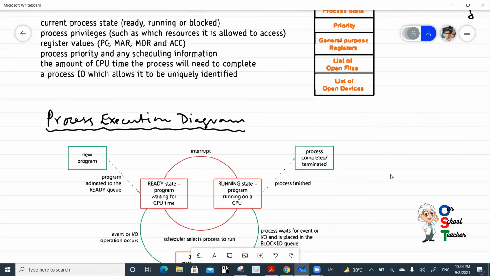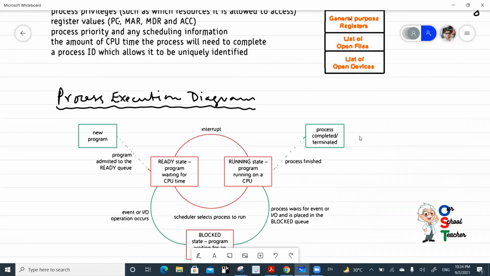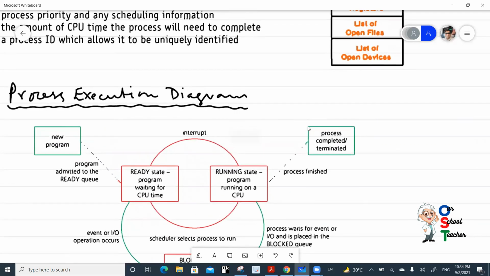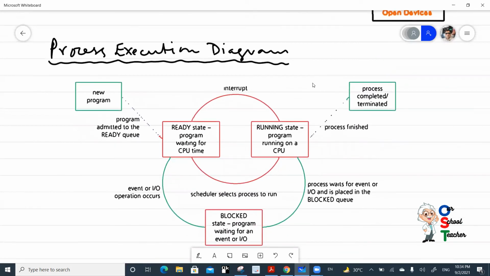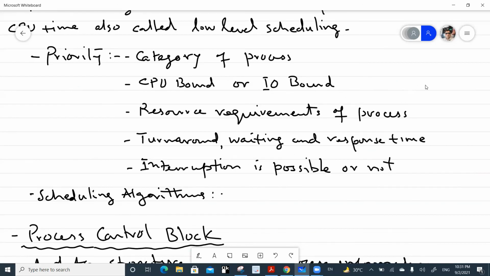After this, we will see the process execution diagram. We will try to understand what happens when a process is generated and how it is executed. This diagram I have taken from your book, showing which process will be given CPU time.